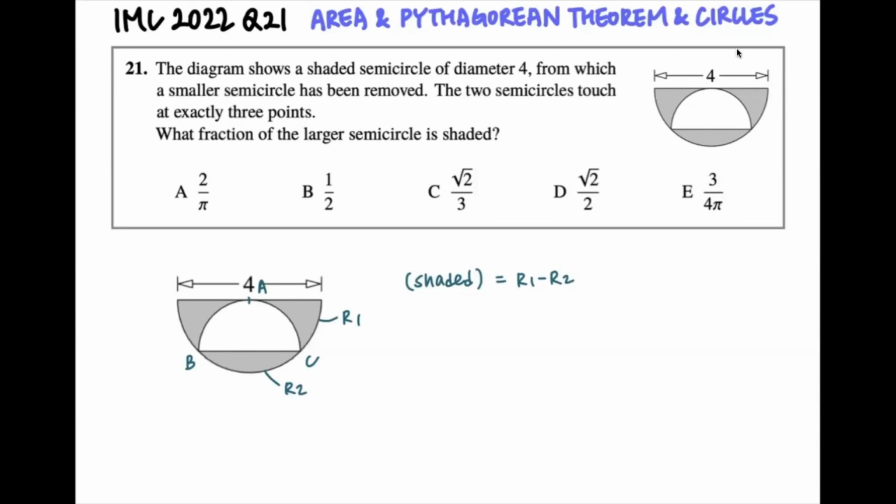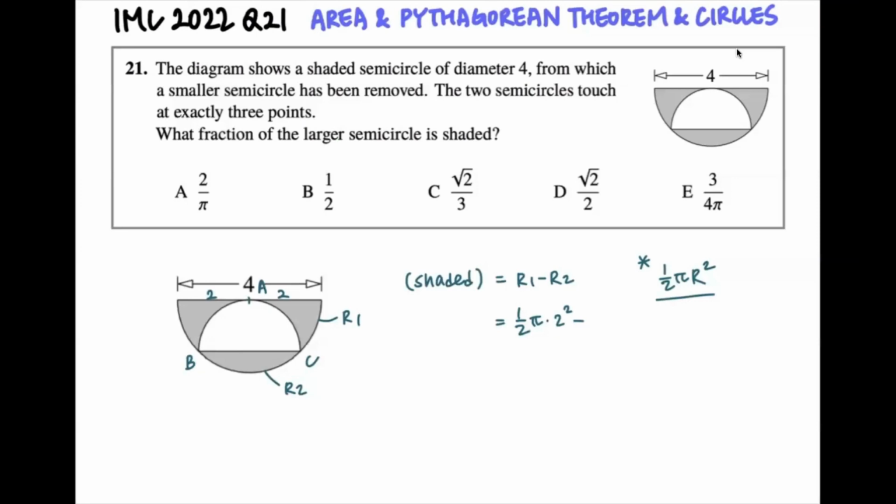Since the area of the semicircle would be half pi r squared when r is the radius, let's remember this. We can use this for R1 because we know the radius is half of 4, which is 2. So it'd be half pi times 2 squared minus R2.